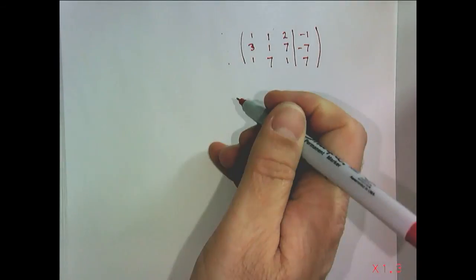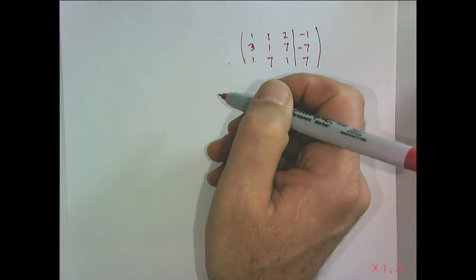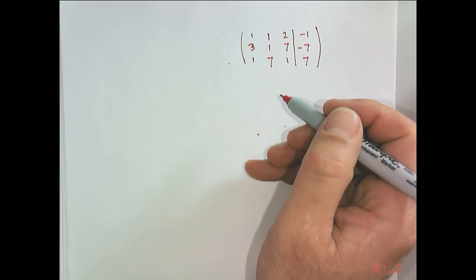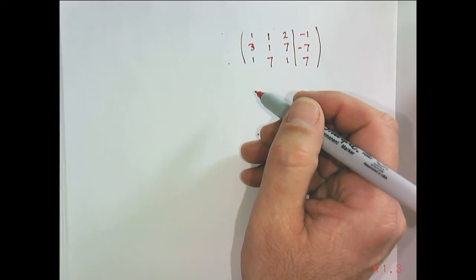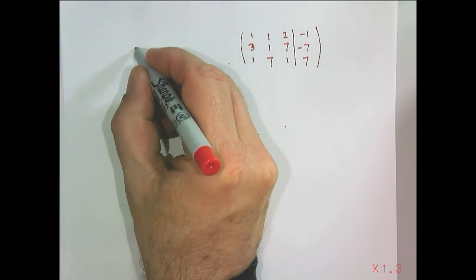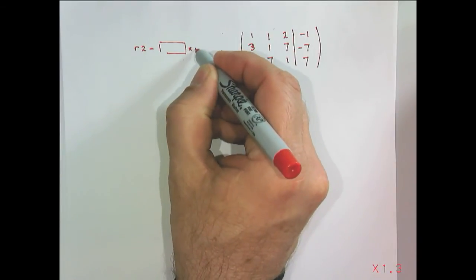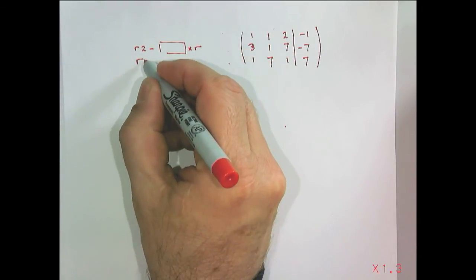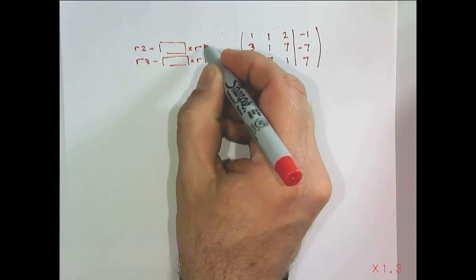So I've gone ahead and copied over the appended system from the web page. And what we're going to do now is go through exactly the same steps as we did with the equations, except now with the appended systems. So again, we need to do row 2 minus something times row 1, and row 3 minus something times row 1.